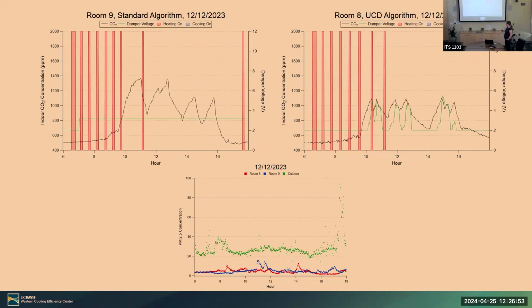So here's another day where PM 2.5 was high again. And this was another winter day. Again, this is showing you the variation in CO2 in the standard room, and in the UCD room on the right here, you can see the ventilation control is doing a nice job maintaining at 1,000 parts per million.